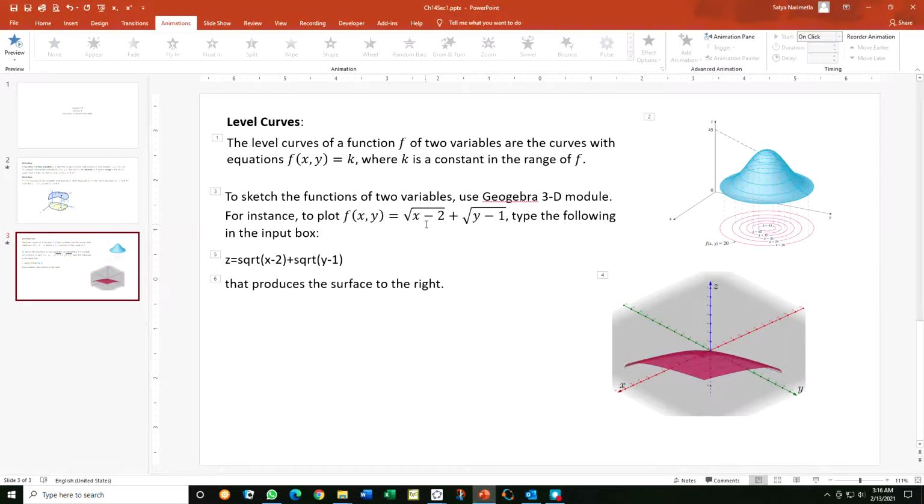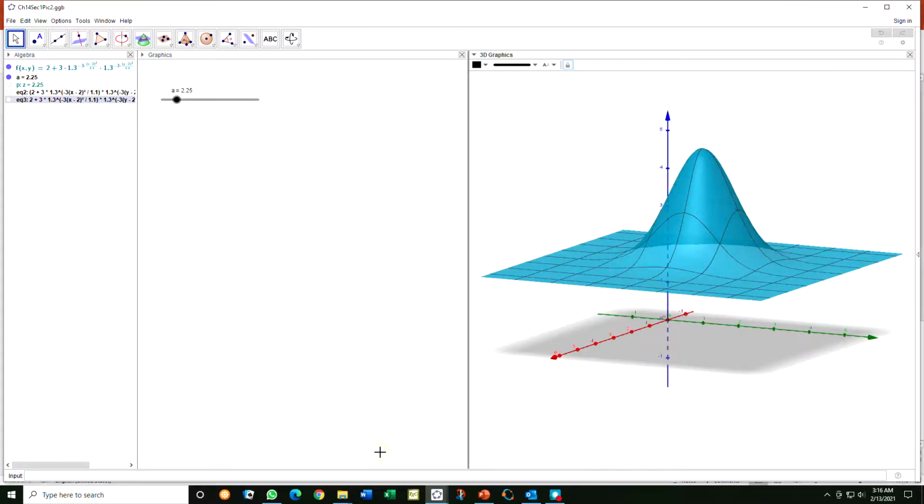Originally, I did this for a function like the square root of x minus 2 plus y minus the square root of y minus 1. Yeah, check this out. So what do we have? I picked some weird one: 2 plus 3 times 1.3 raised to negative 3 over 1.1 times (x minus 2) quantity squared, times blah, blah, blah.